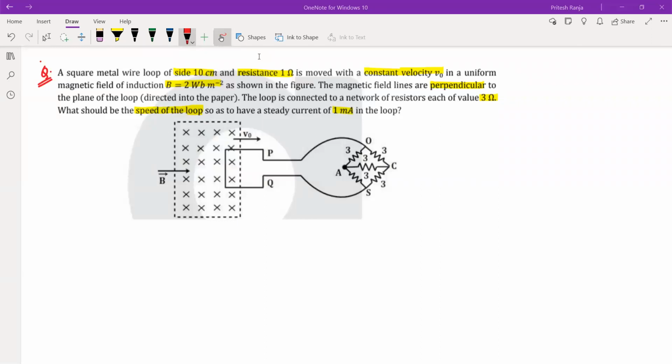Okay, one answer I can see. All should do this one.